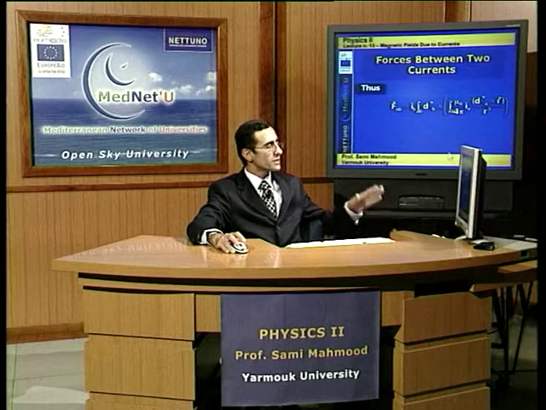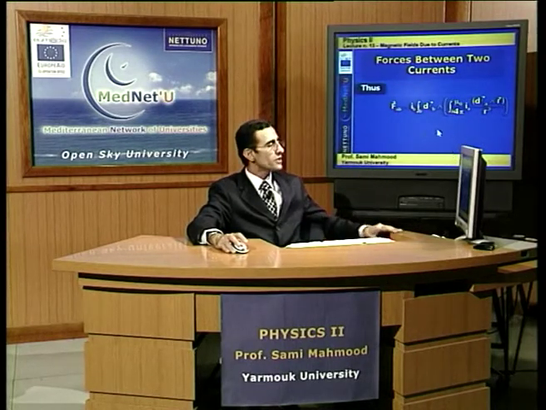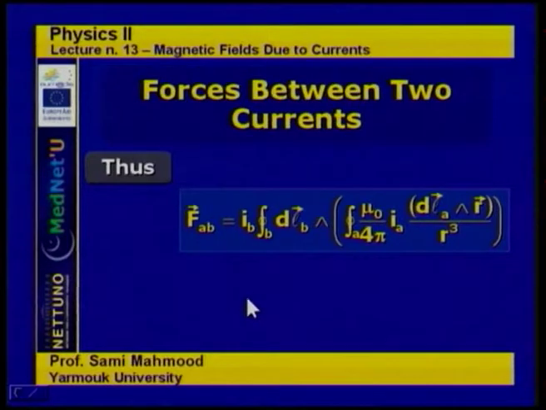Thus, we just modify the equation, and we get F_AB equal to I_B integral over loop B dL_B cross the integral of mu naught over 4 pi I_A dL_A cross R over R cubed.